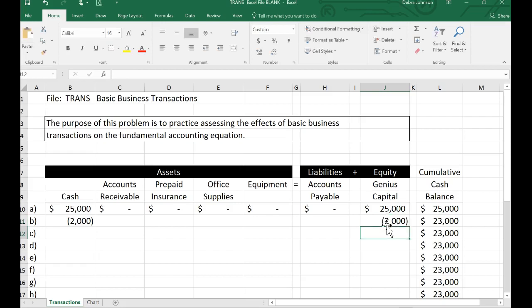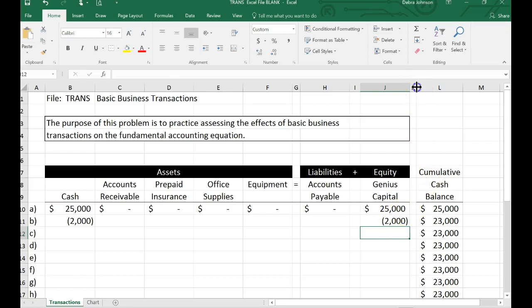By the way, I know what's coming and you don't. You'll be asked to do a set of financial statements. So if I were you, I would go ahead and keep a little notation in a column someplace of what's happening with each one of these. That'll make the preparation of the financial statements easier.